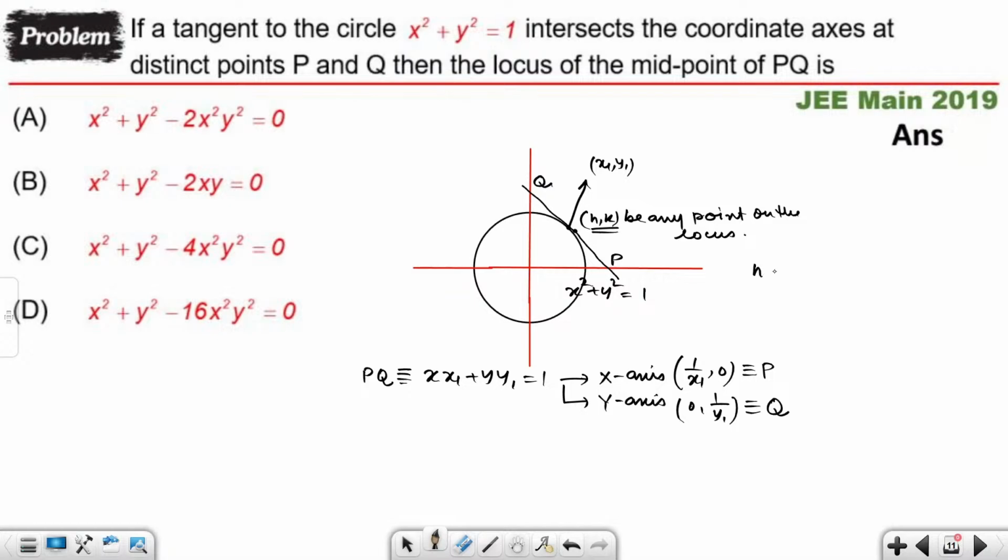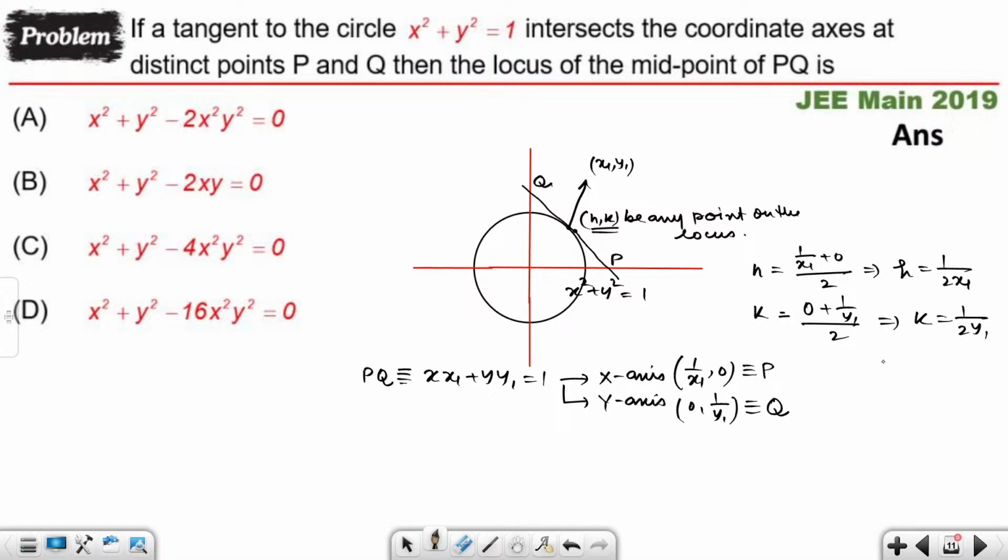What is h? It is (1/x1 plus 0) divided by 2, which states h is 1/(2x1). Similarly, k is (0 plus 1/y1) divided by 2, so k is 1/(2y1).